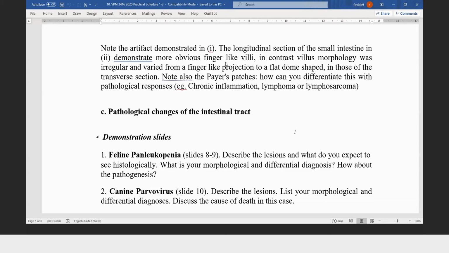When we talk about differential diagnosis, we are talking about a disease. But sometimes if you're not sure what disease it is, but you are sure it's caused by some agent, for example feline panleukopenia, which is caused by parvovirus in cat, and you are not sure of the disease, you can put feline parvovirus infection.